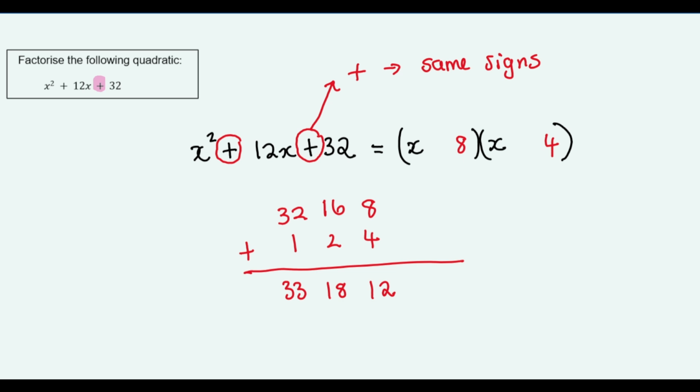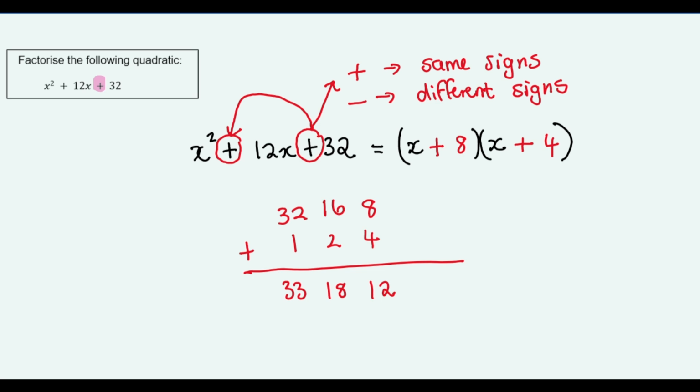If there's a negative over there, you will have different or opposite signs in your brackets. Now, which ones do you need to use? So this one helps you with that. This one, so we can read this as you need to have the same signs and they both need to be positive. Okay, so we have x plus 8 and x plus 4.